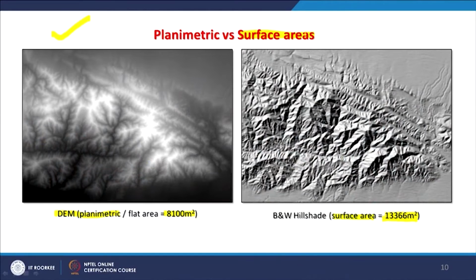So, it is always necessary to take care if you are handling an area which you know is having undulation, is rugged, is hilly terrain; you must take care about this part.